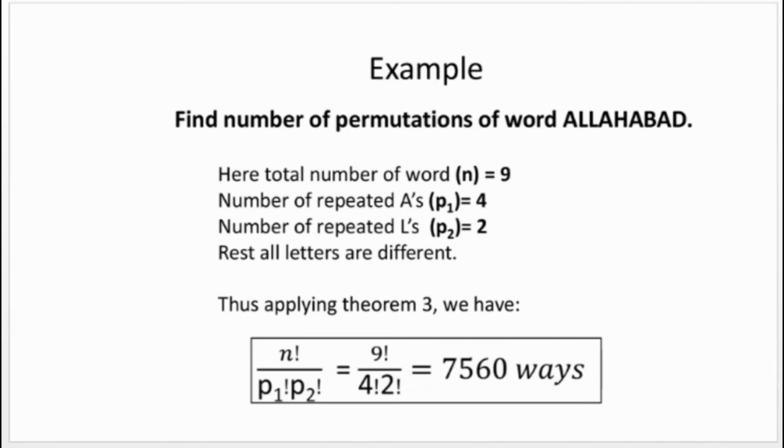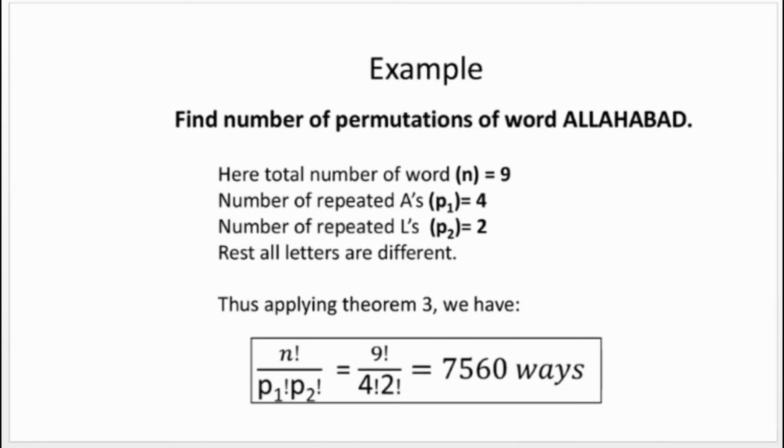Second and third or third and second, both are the same. So here some letters are repeated, which creates the same pattern. If all are distinct letters, then the total number is 9 factorial. But out of these 9 letters, 4 A's are repeated.